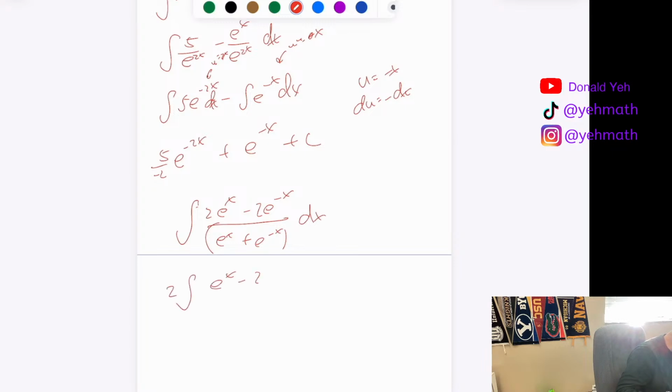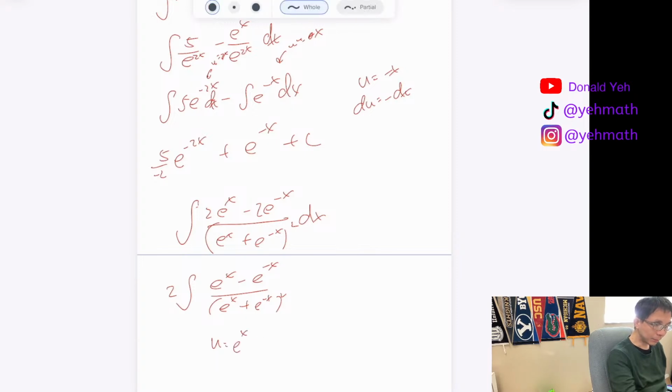That's going to yield this. Right, I will do that because I can do u equals e to the x plus e to the negative x. Then du is equal to e to the x minus e to the negative x dx.